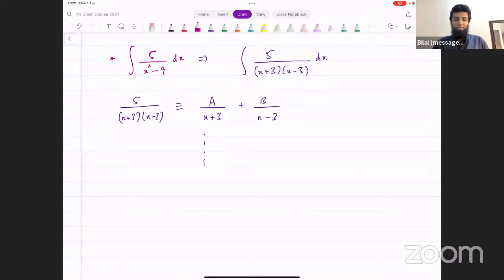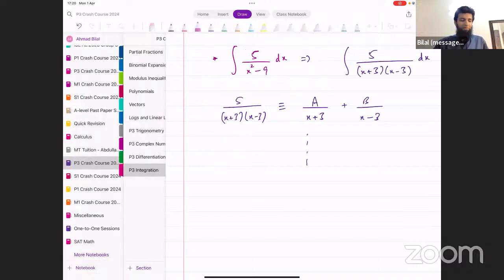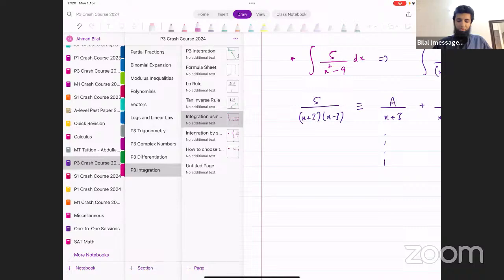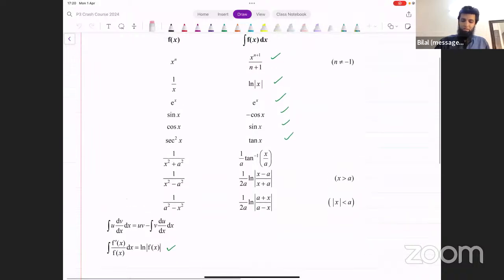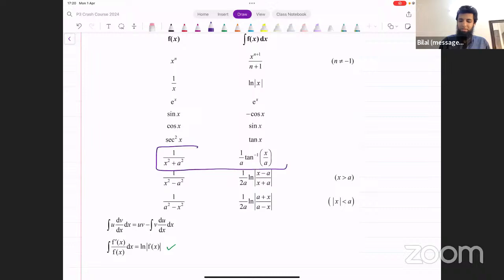The reason for that is, if you look at the formula sheet, they have given you 2 other forms. Remember, we have talked about the tan inverse form. This is the tan inverse form, 1 over x squared plus a squared.